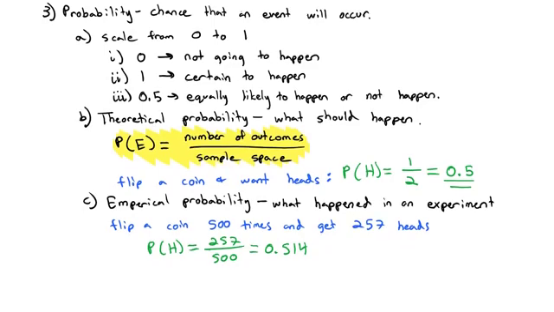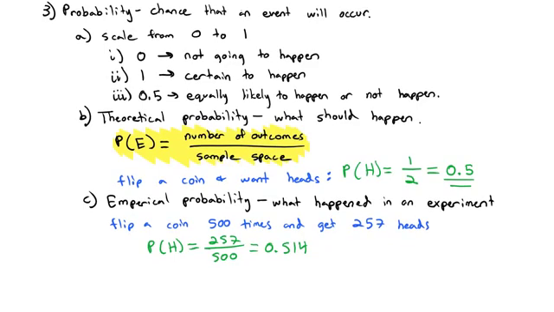There's usually going to be a slight difference between the empirical probability and the theoretical probability.